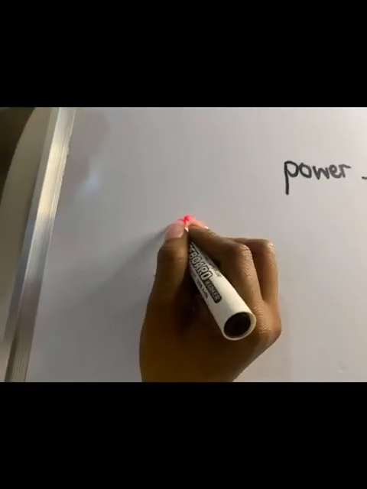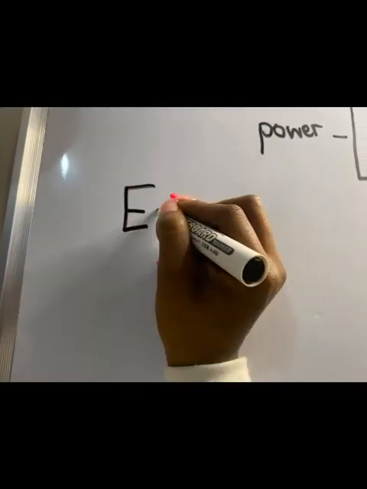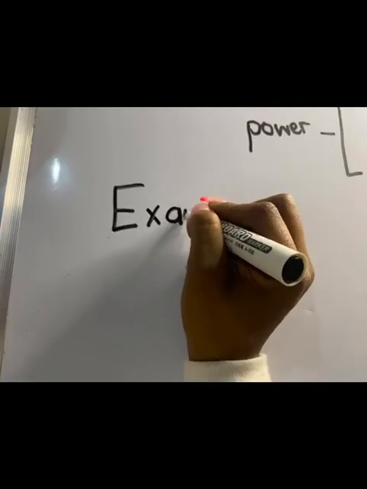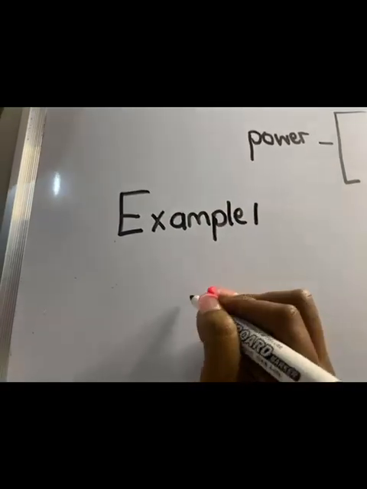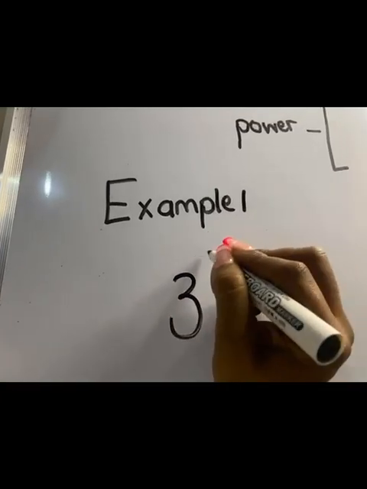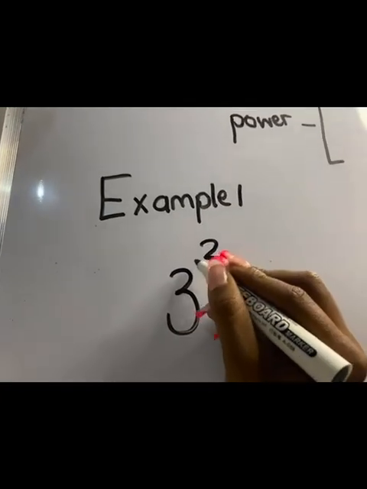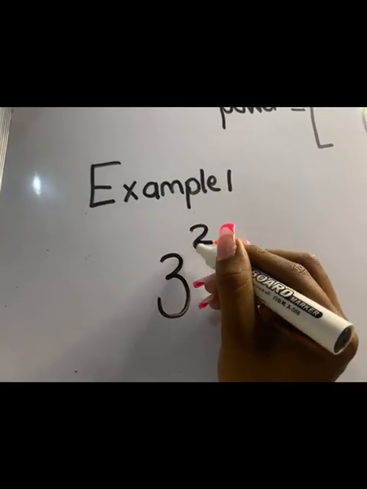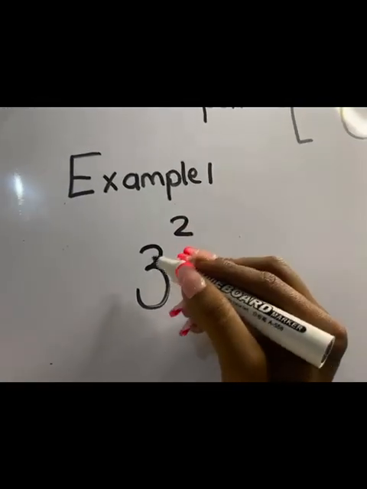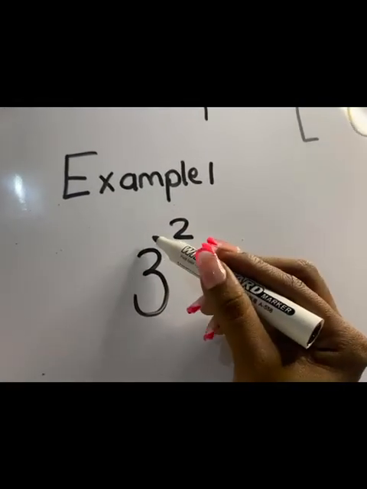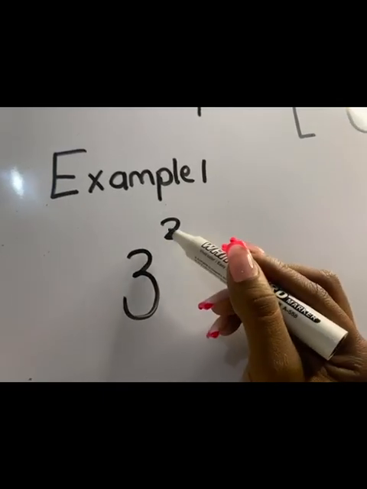So example number 1. Now, I'm going to write it in the form of numbers. Example number 1: we have 3 to the power of 2. Now, this 3 is called the base and this 2 is called an exponent. So how do we read this? We say this is 3 to the power of 2.